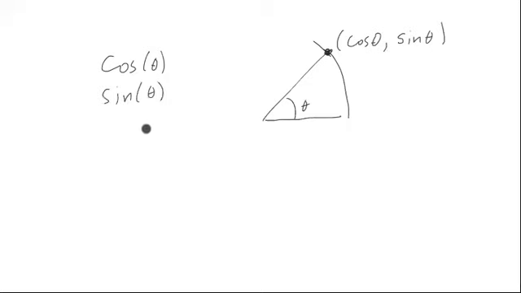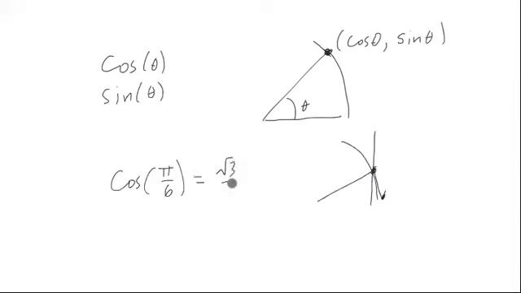Okay, so we could compute what the cosine of, let's think about the cosine of pi 6. Pi 6 is the smaller angle, and the smaller angle gives you the bigger x coordinate here before you get to 1, which is square root of 3 over 2 in that list. So this would be square root of 3 over 2.